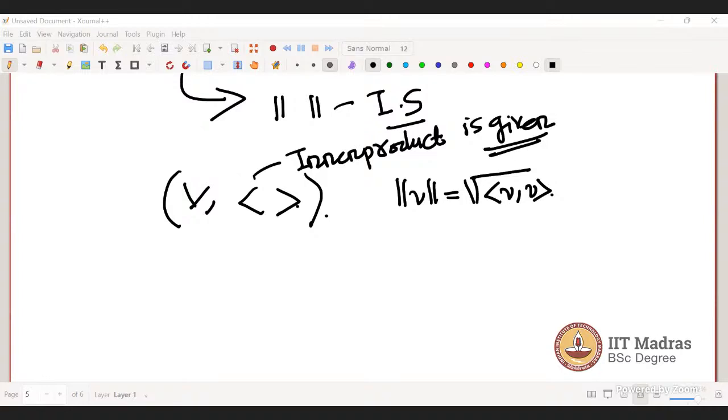Here I guess you don't even need the norm. We need the norm in order to find the orthonormal basis, but here the inner product is given.